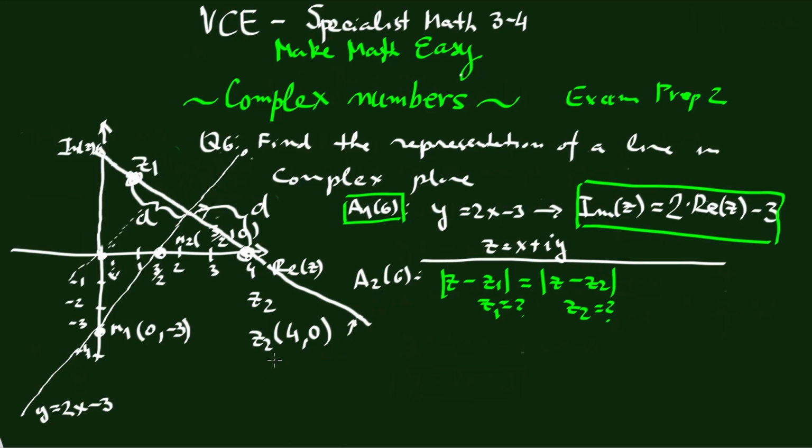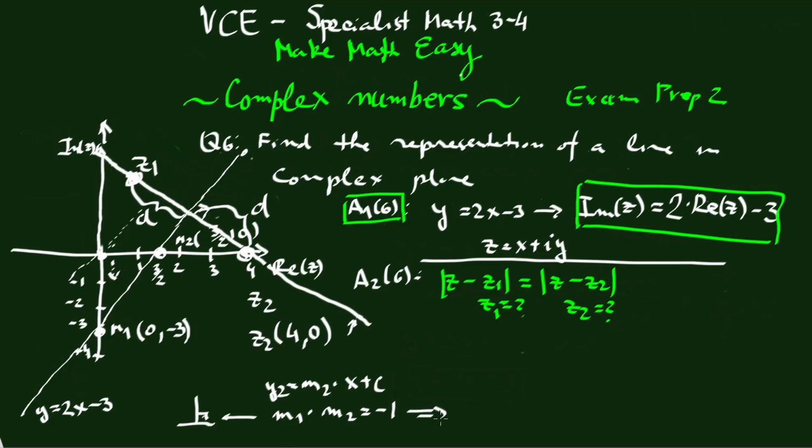We call it y2. So the y2 line has the equation m2 times x plus c. We know the relationship between m1 and m2 because the lines are perpendicular: m1 times m2 equals minus 1.